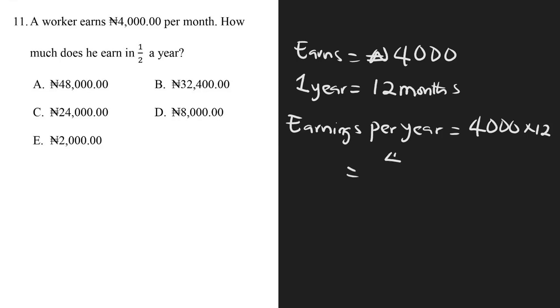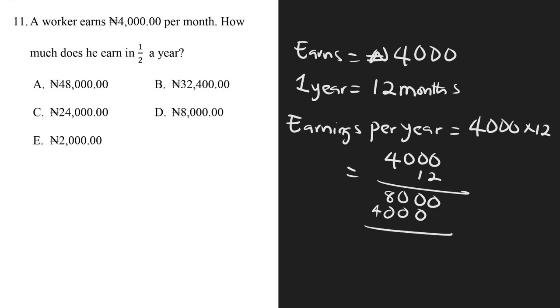So let's see. 2 times 0 is 0, 2 times 0, 0, 2 times 0, 0, 2 times 4 is 8, right? So 1 times 0 is 0, 1 times 0, 0, 1 times 0, 0, and 1 times 4 is 4. So if you add it, you're going to have 0, 0, 0, 8, 4.